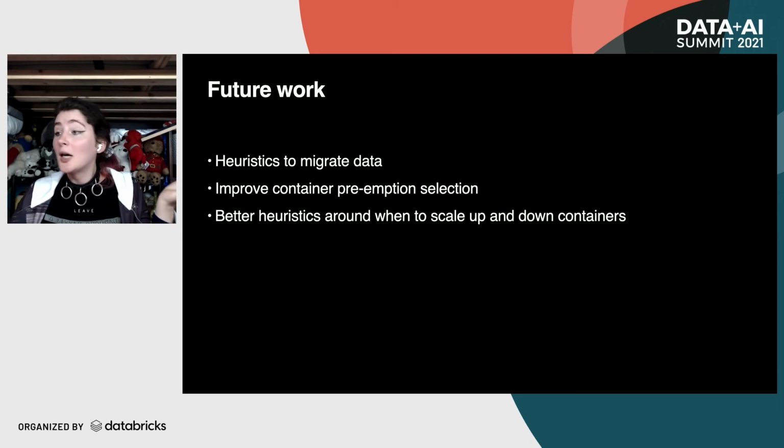If you're on Yarn, for example, I think better heuristics for scaling up and down containers is a really good place for people running on those systems to contribute, because that will benefit people running on all cluster managers. Because I think right now our heuristics there are not perfect either, and we have a lot of room for growth.